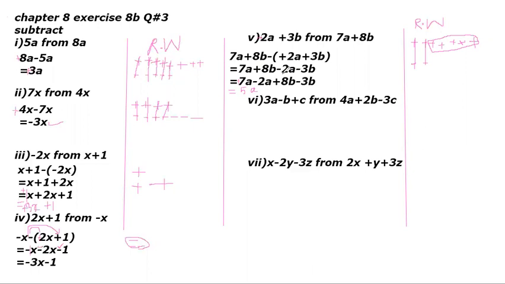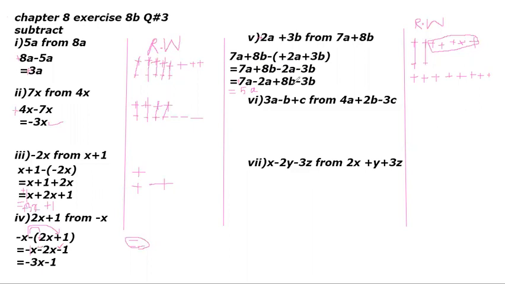Okay. Now, positive 8b means 8 times positive signs: 1, 2, 3, 4, 5, 6, 7, and 8.